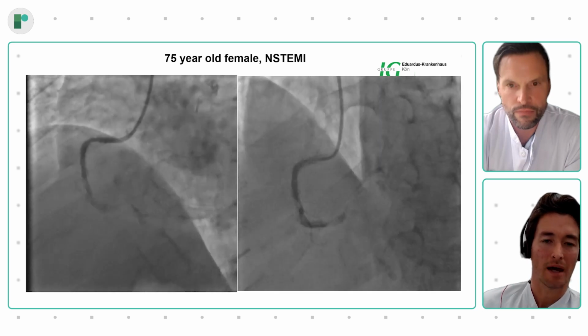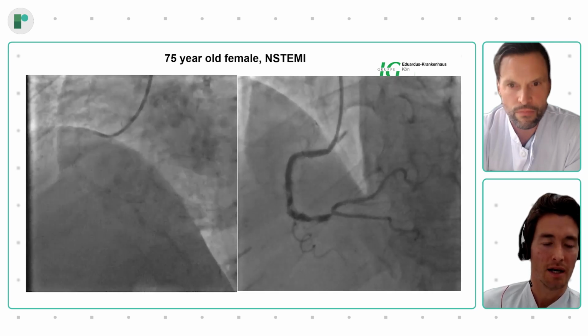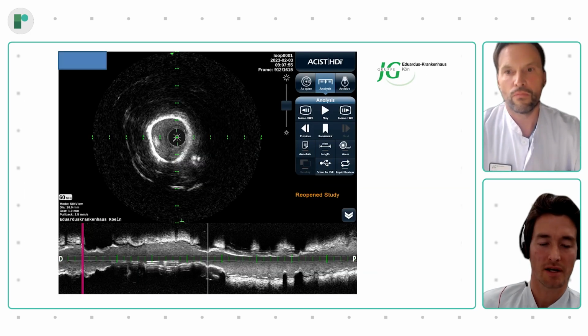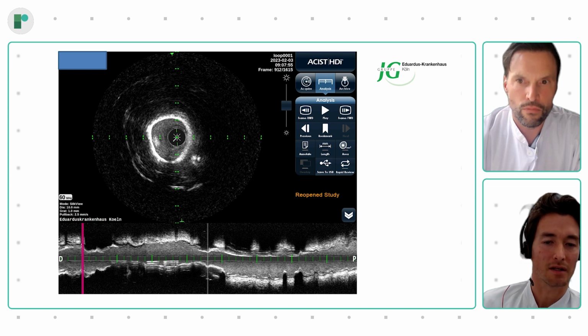There are multiple hazy stenoses, a very tight lesion distally with a true bifurcation, and we then, of course, performed intravascular imaging, identifying a severe calcification of the entire RCA with a 360-degree calcified plaque. Multiple calcified plaques.